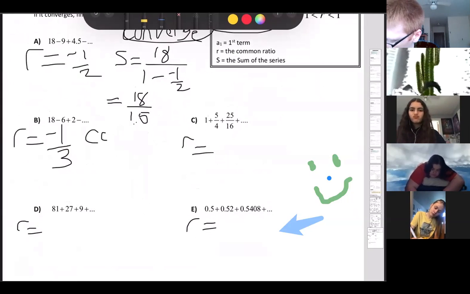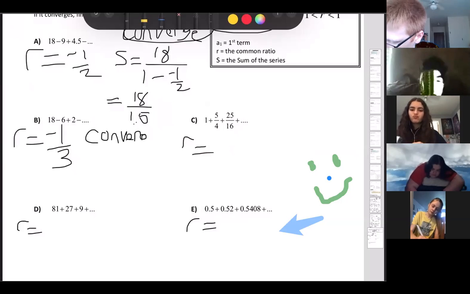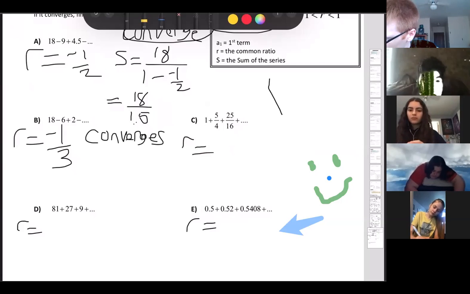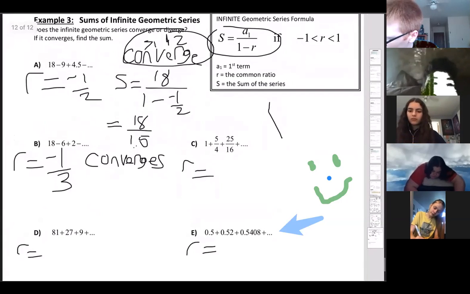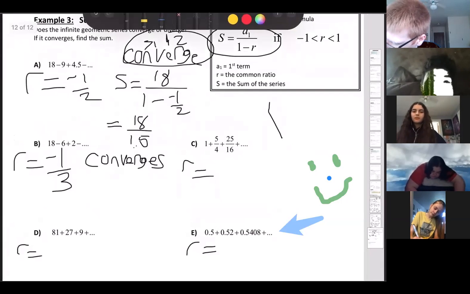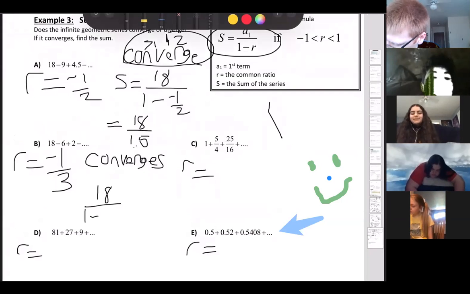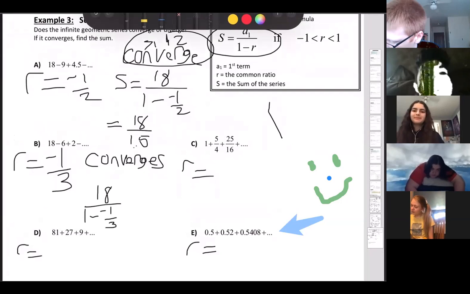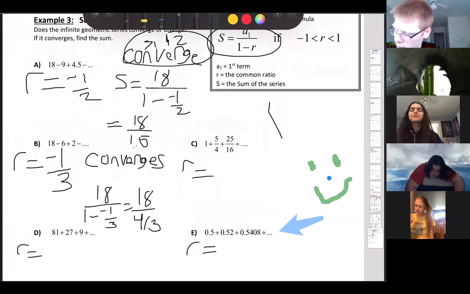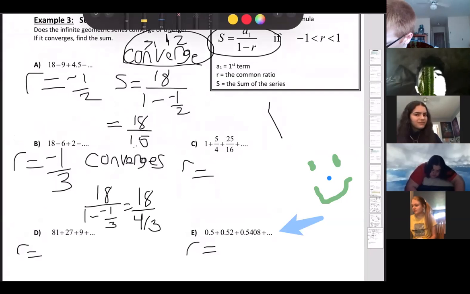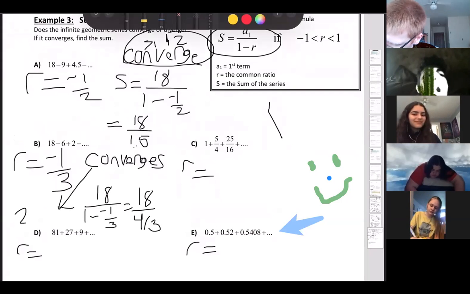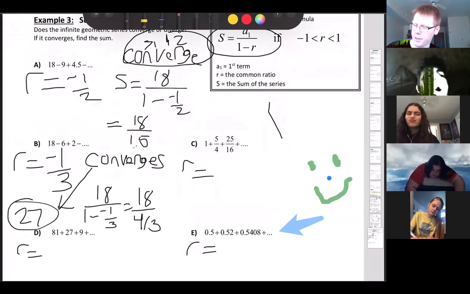We want to use that formula: a1 over 1 minus r. So 18 over 1 minus -1/3, or really plus 1/3. That would be 18 over 4/3, which is 27. So this second one converges to 27.